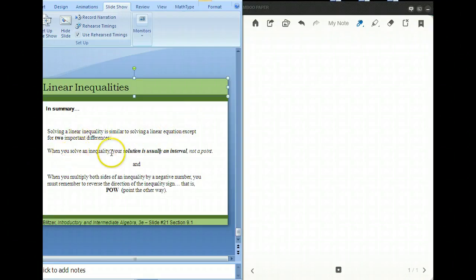When you solve an inequality, your solution is usually an interval, not a point. Usually you get a value of x for an equation, and for an inequality you get an interval. And when you multiply or divide both sides of an inequality by a negative, you have to remember to reverse the direction of the inequality sign. That is, pow. They like to say pow it, right? Point the other way. All right, so for now, that's a brief or semi-brief preview of what you're going to see in 9.1.